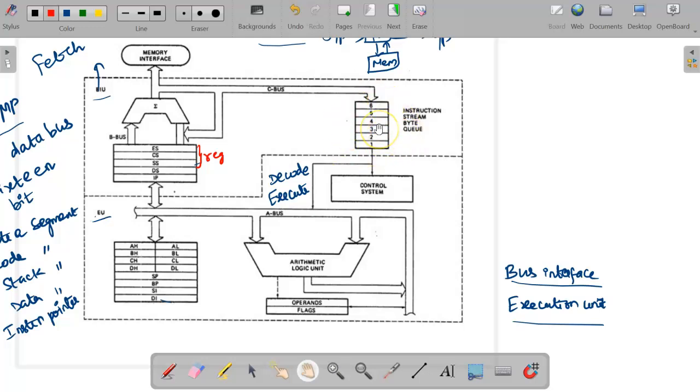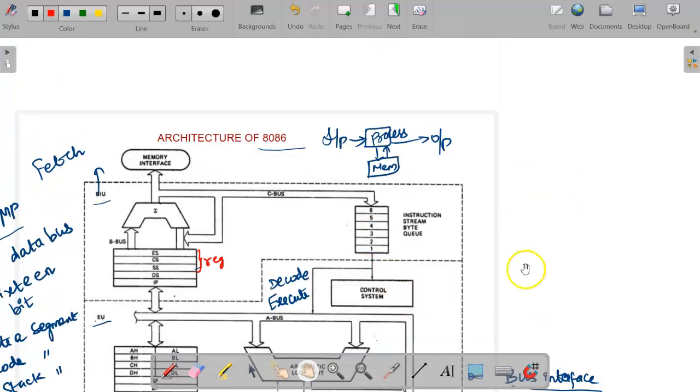It is used to speed up the execution operation which will happen next, so it will support pipelining operation. Then what is the requirement of this sum? This sum is nothing but the adder which is used to calculate the physical address. As I said, this unit is calculating the physical address.